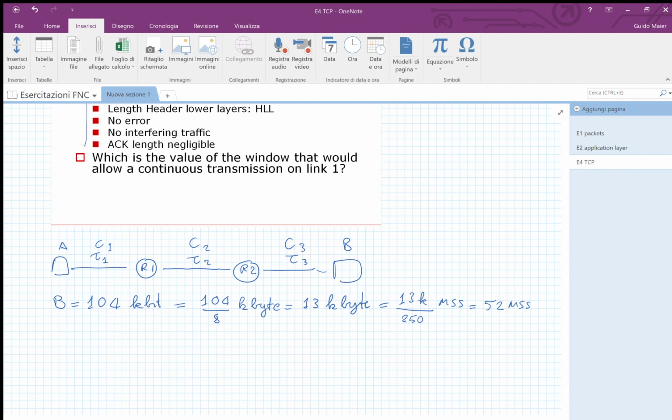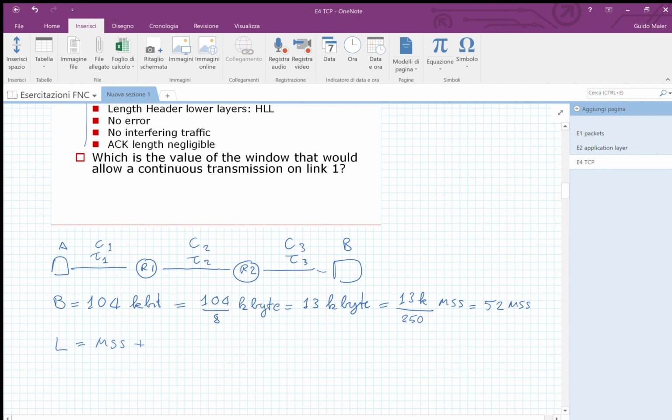Then, what is the length of each segment in a number of bits? Because that is what we need to calculate the transmission times. We have to add the content of the segment in terms of payload, which is the maximum segment size.